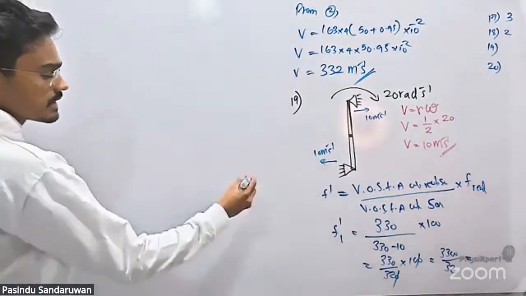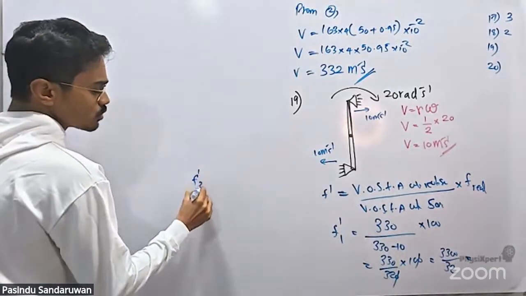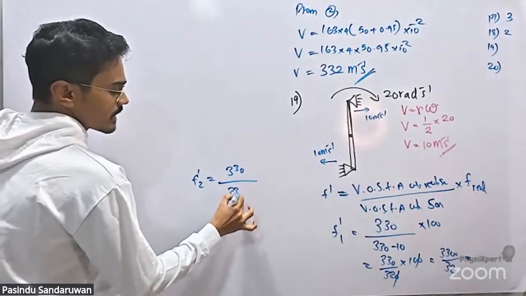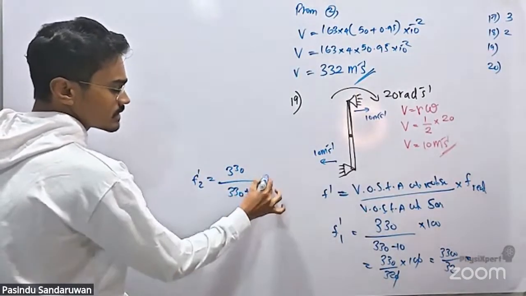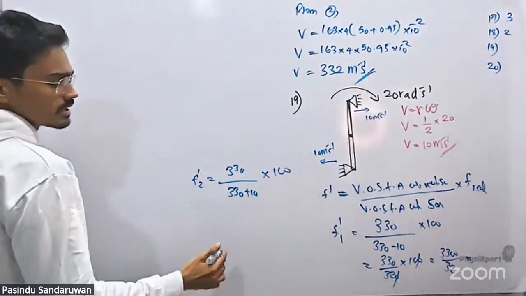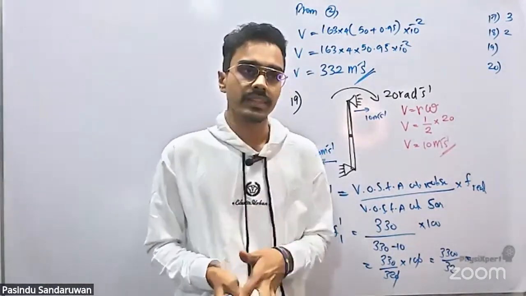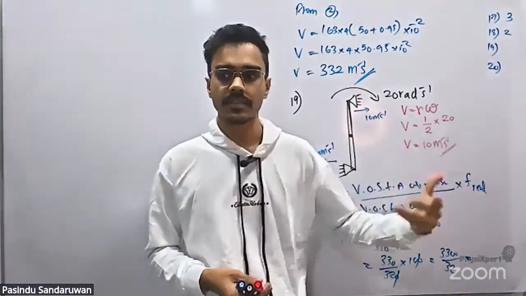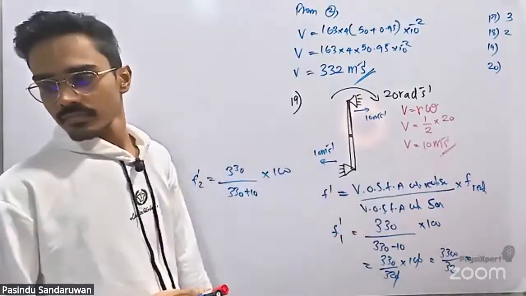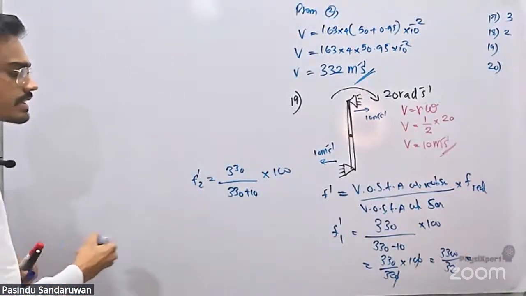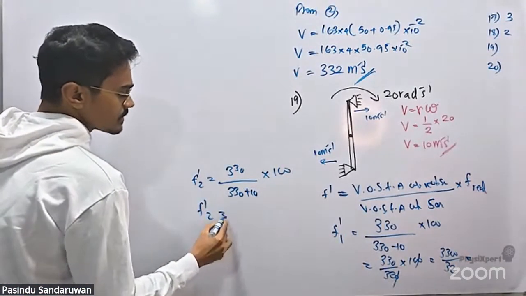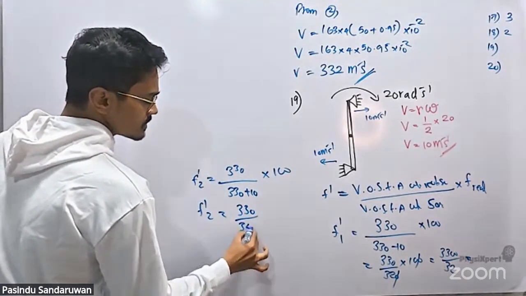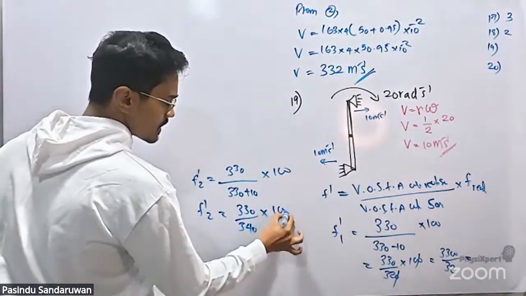Then if I need the other frequency, let's say f2 dash, that will be 330 over 330 plus 10 into 100, right? When the speaker is away from the observer, here this comes as 330 over 340 times 100.